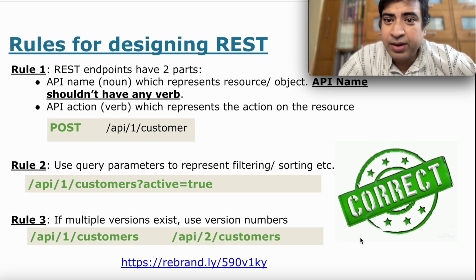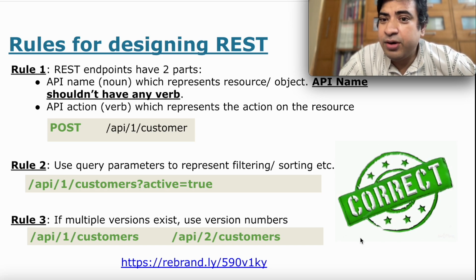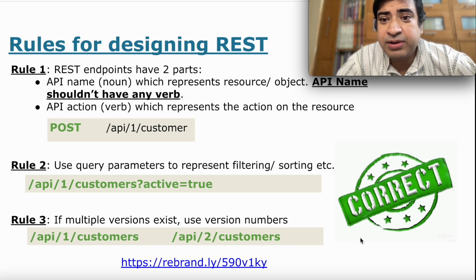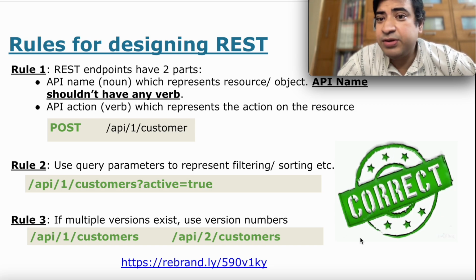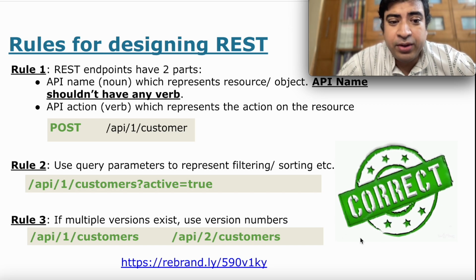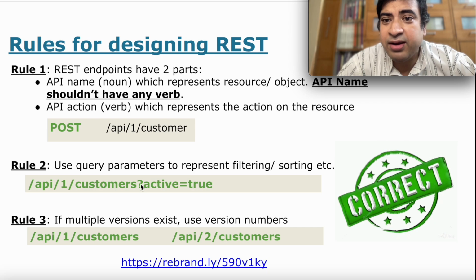Second rule is, if you want to do any filtering or sorting on that particular resource, say for example you want to retrieve only the active customers or customers of a specific area or customers of a specific age, then use the query parameters of the URL. What is meant by query parameters? Anything which is present after the question mark in the URL.